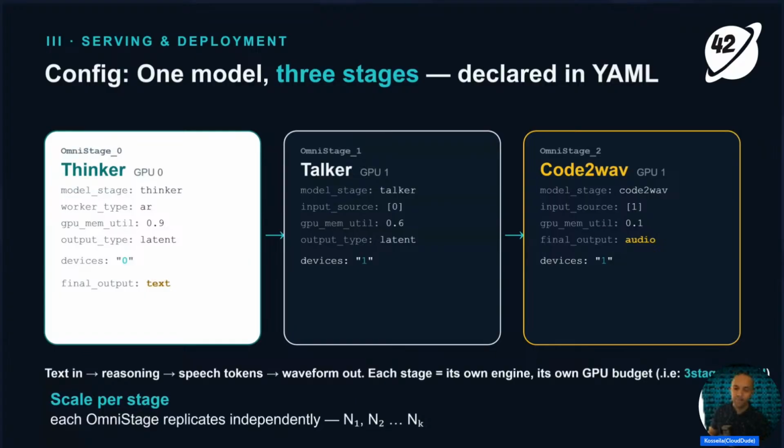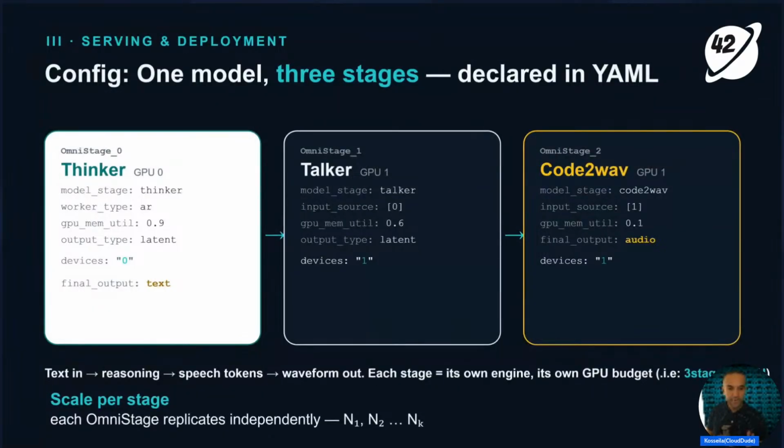So this is not parallelism. You're just placing 3 engines and telling each one how much memory it can use and how it should run. Remember the Qwen 3 Omni TTS that we just saw a couple of slides ago: thinker, talker, code-to-wave? Well, this is the YAML config.